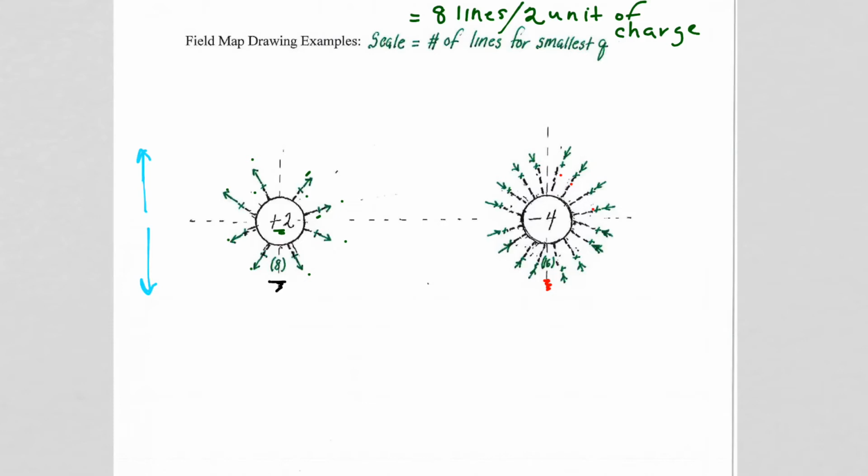Well, my recommendation is to use a pencil and have an eraser. Start at your lowest charge, in this case the +2. Take your pencil and just go, and connect it to the corresponding line on this side.